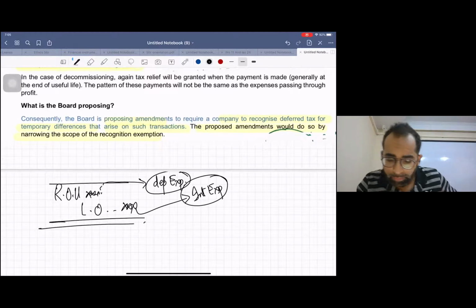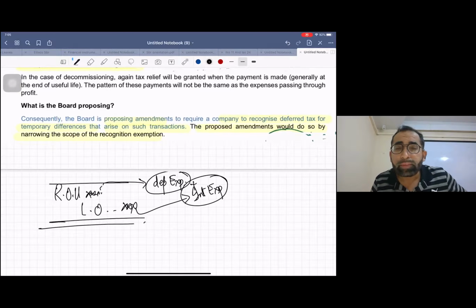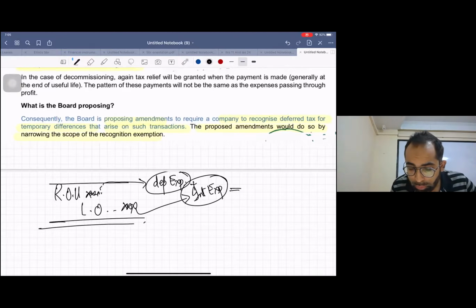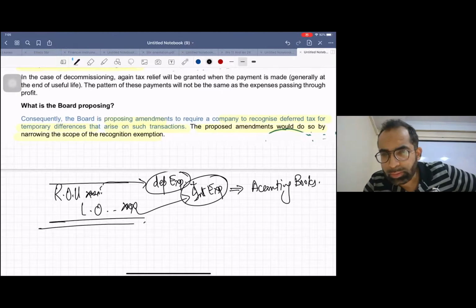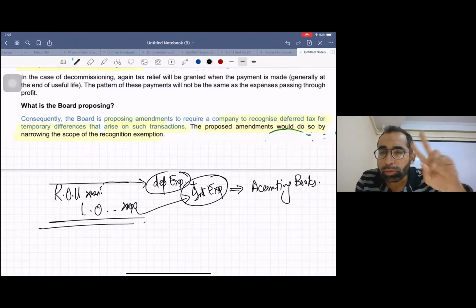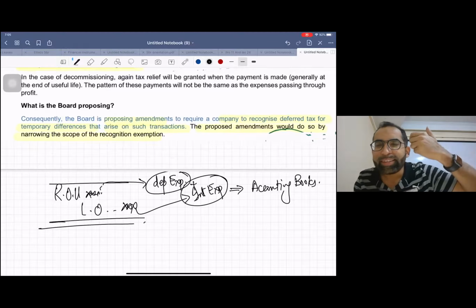So you book two things: depreciation expense and interest expense. In accounting books, you are doing finance lease accounting. I'm sure you know this. You are no more kids. So in accounting books, what two things will go in your P&L?